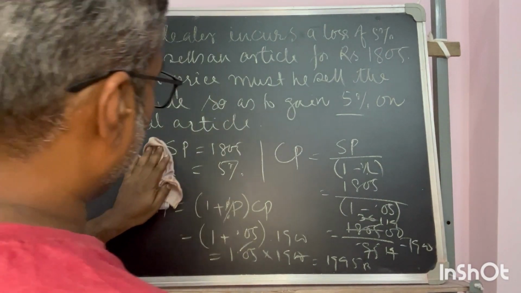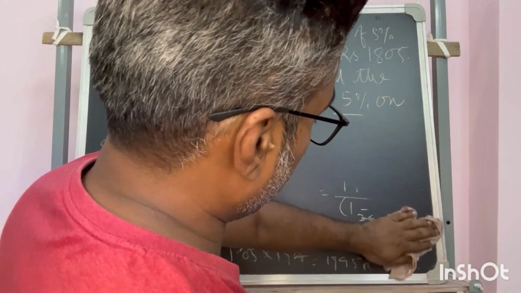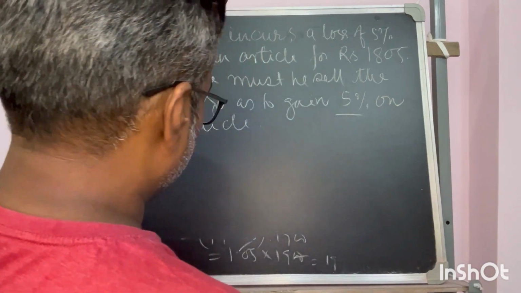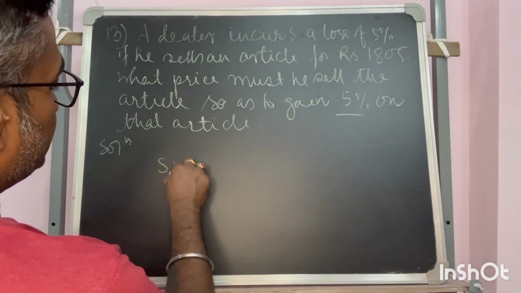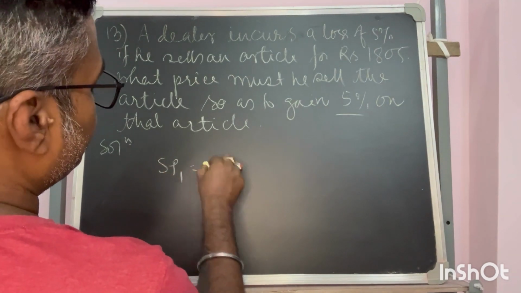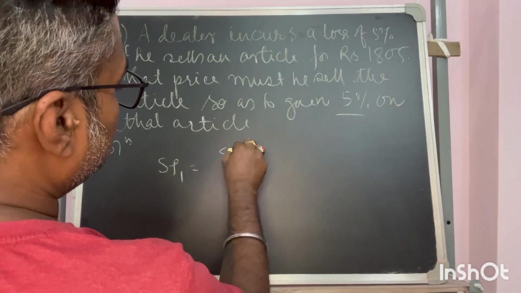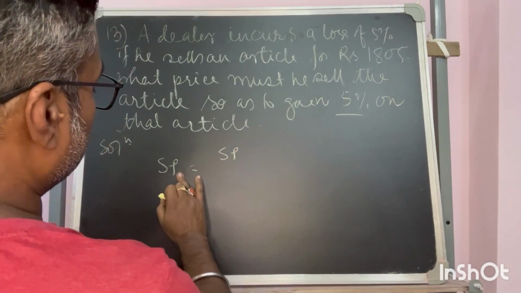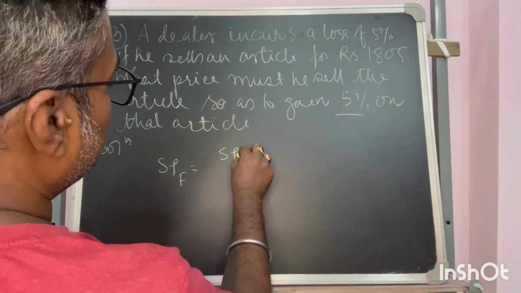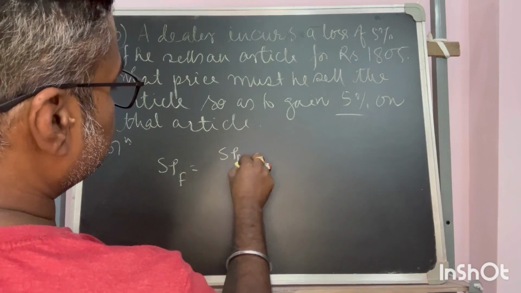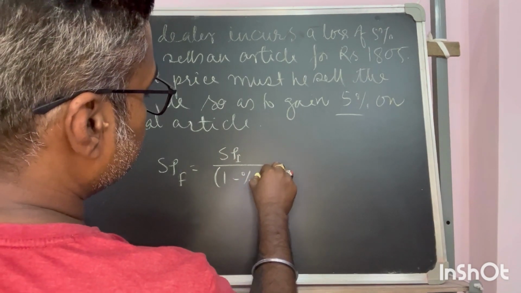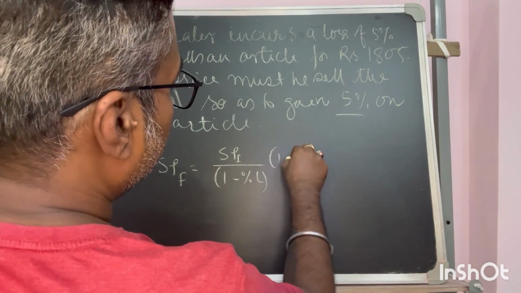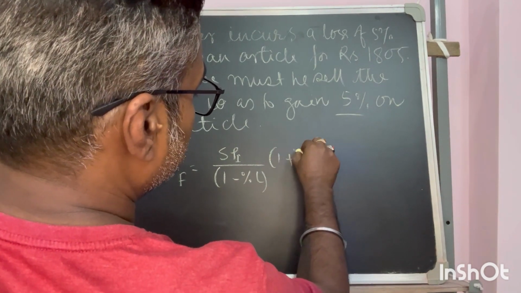Or if you look at it in a very keen way, then the final selling price can be written as the initial selling price divided by 1 minus loss percentage, into 1 plus profit percentage.